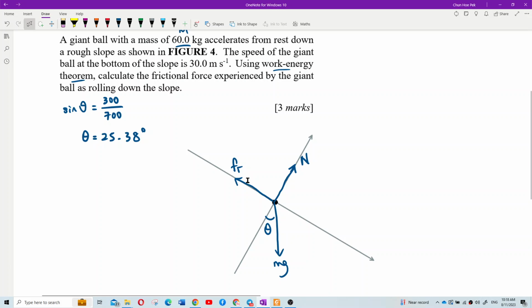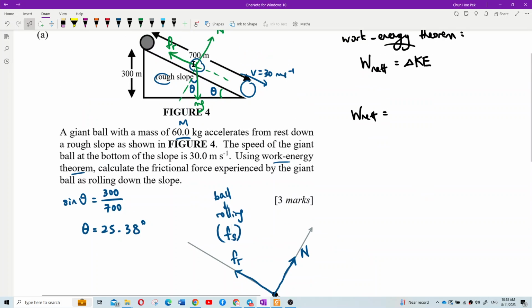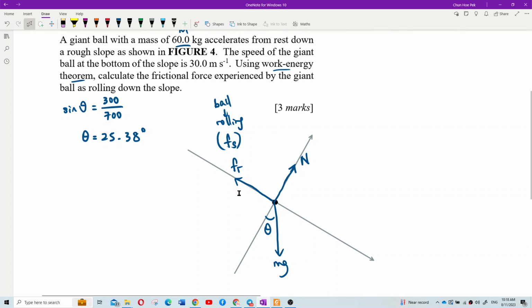If it's a giant crate sliding down, not rolling, that is kinetic friction. Okay, but I just put as friction.